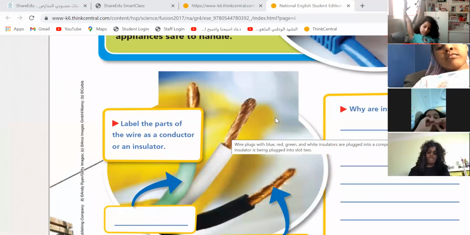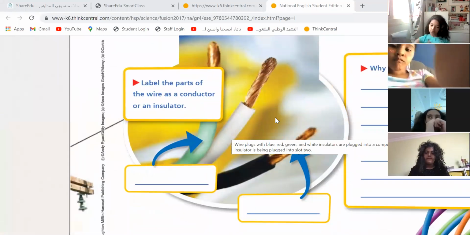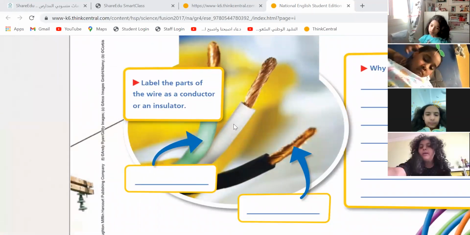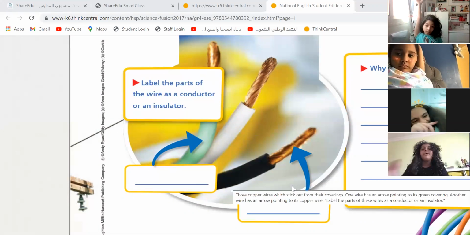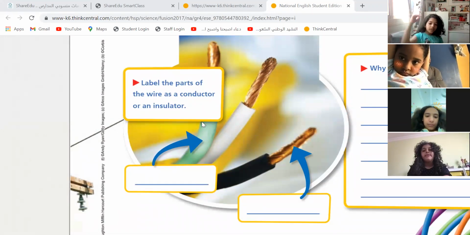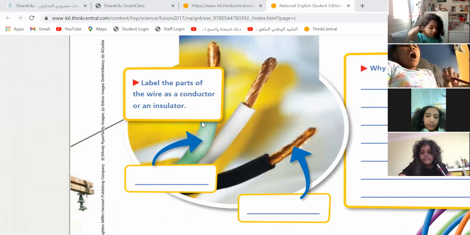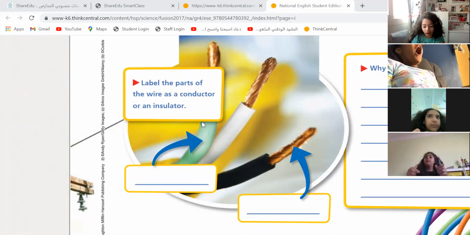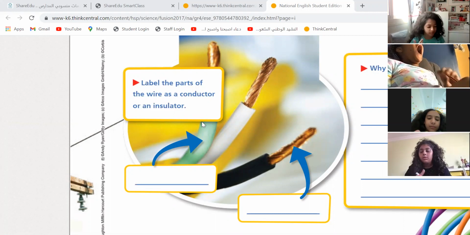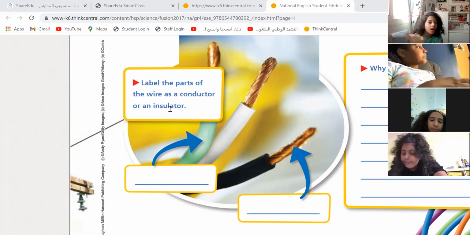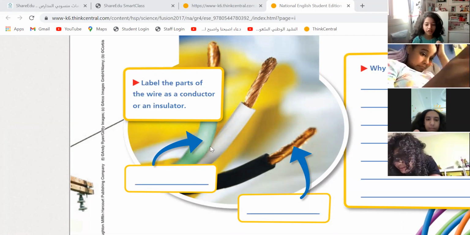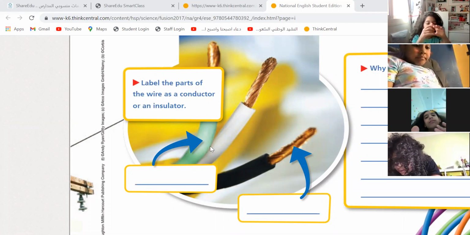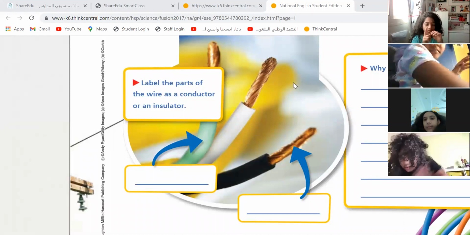Now take a look at these. The green, white, and black one. What do we call it? The colored parts.